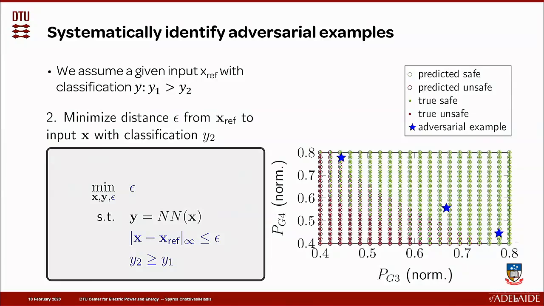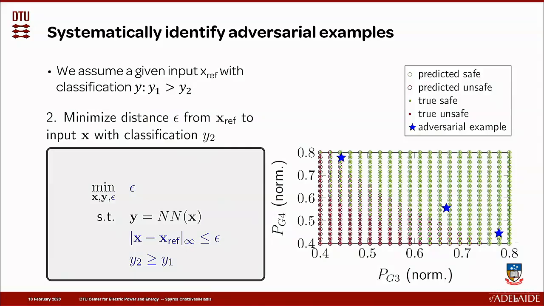The circles around them, if green, mean that the neural network predicts it is going to be safe. If red, the neural network predicts it is going to be unsafe. So if it's green, green, or red, red, this is what we want. The problem is here, that is actually safe, but my neural network predicts it as unsafe.